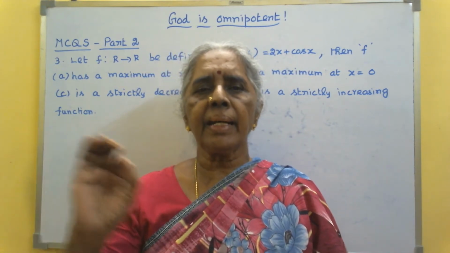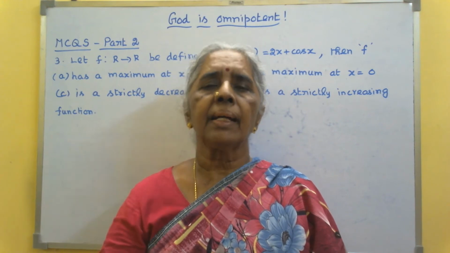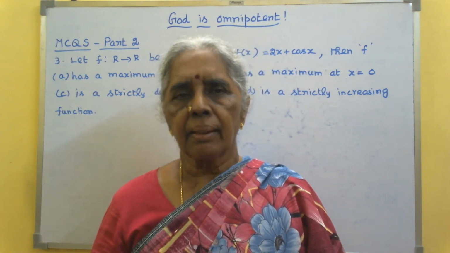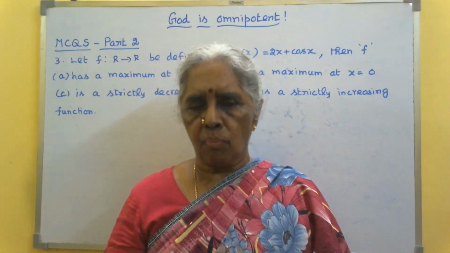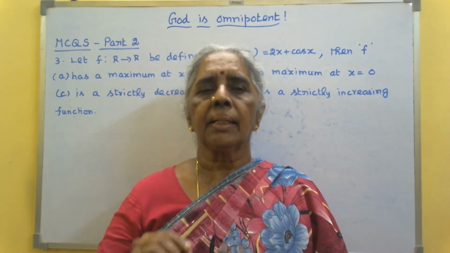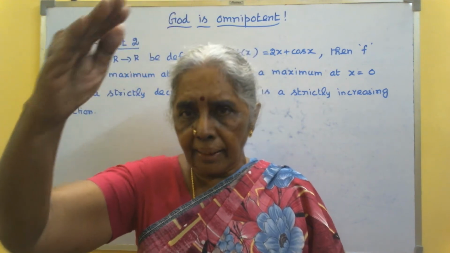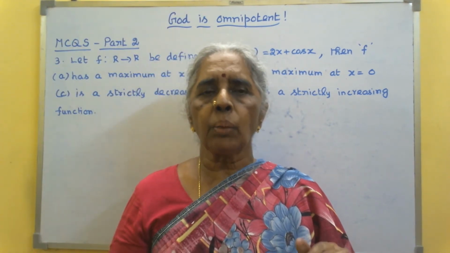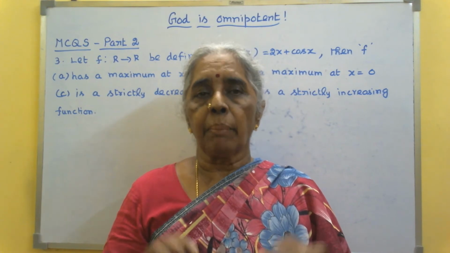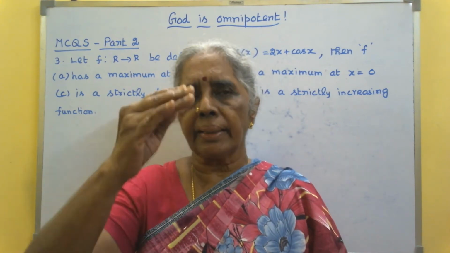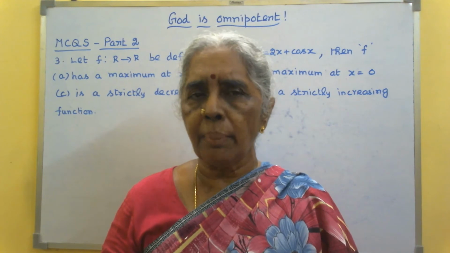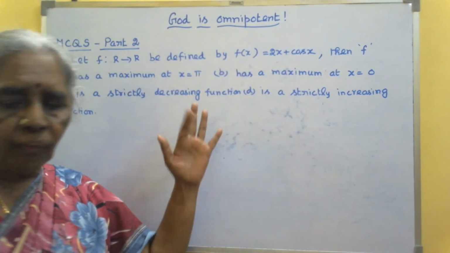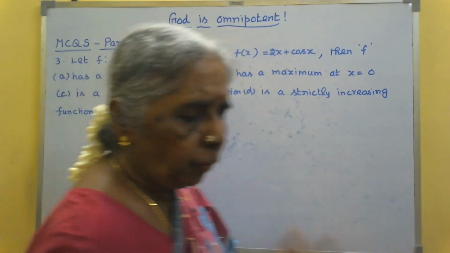It is strictly decreasing if f dash of x is lesser than 0 for all x, right? A maximum comes when your function is increasing and then it goes on decreasing. That turning point is called the maximum point.